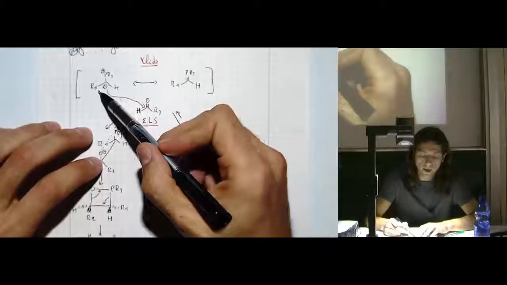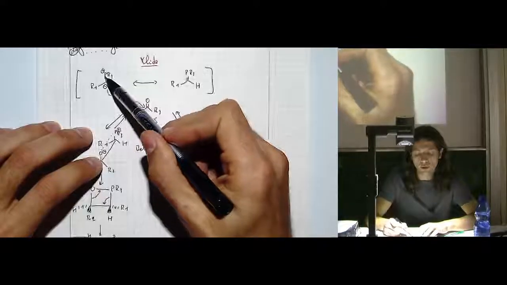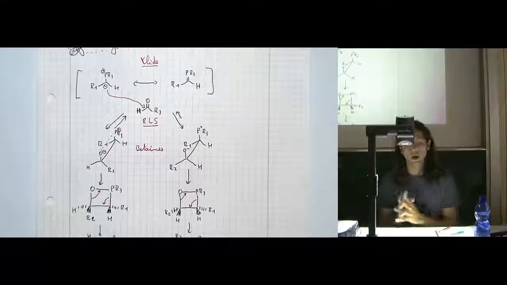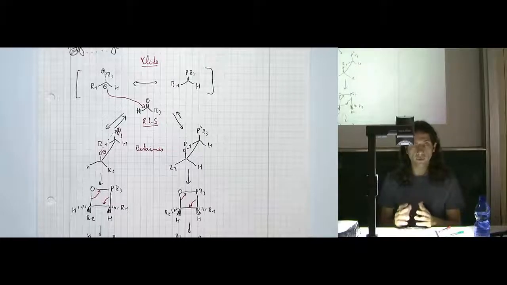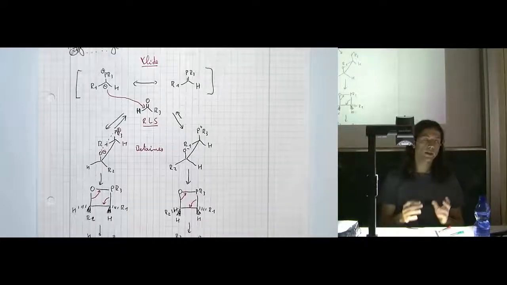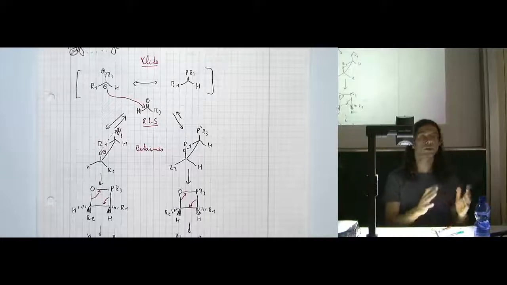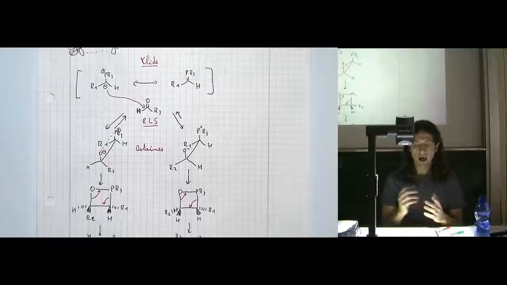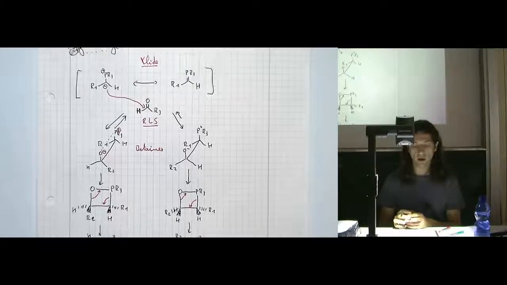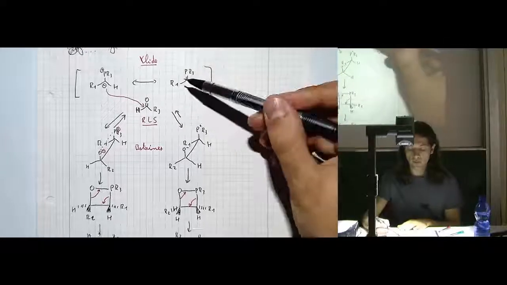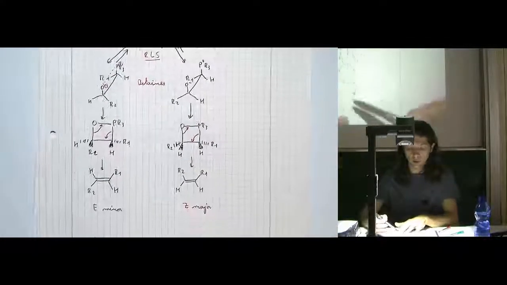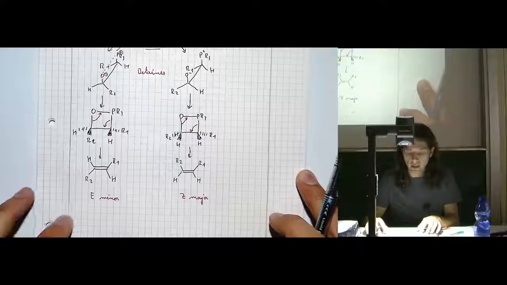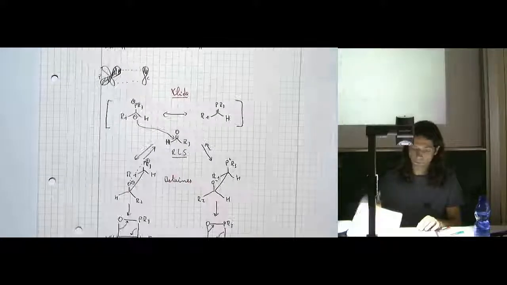So R groups either in the carbonyl group or in the phosphorus group that stabilize the plus and the minus charges will make the ylide more stable, and therefore a more stable ylide will tend to rearrange in such a way that we give the most stable product, which is the one from the thermodynamically controlled process. A more reactive, more unstable ylide will give finally as a major product the Z product, as a consequence of this kinetic control of the reaction.